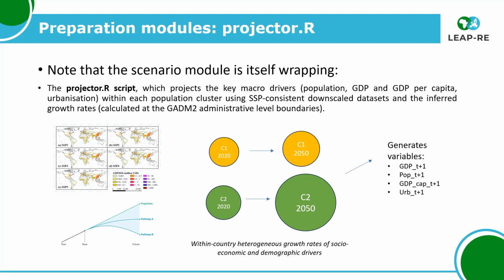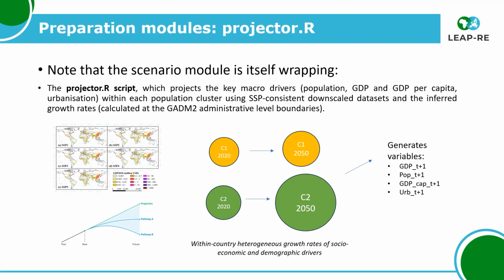So basically how a given country is expected to change in terms of GDP, population, urbanization, and economic development in the future for different scenarios. And the nice thing is that this is happening at a heterogeneous growth rate within countries.